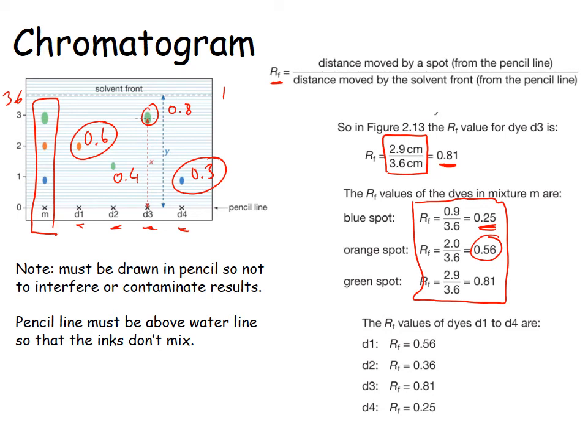So here I can say that we have D4, this blue dye, because it matches. We have dye 1 because here it matches, and here we have dye 3 because there's a dye which has moved the same distance. Okay, so it's all about distance.